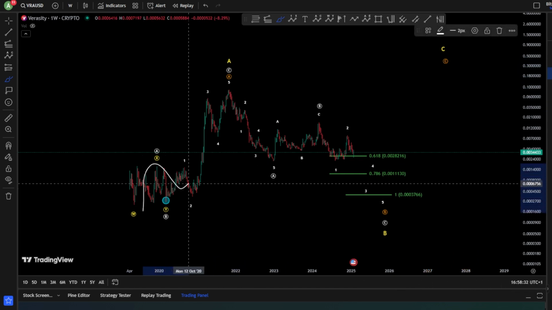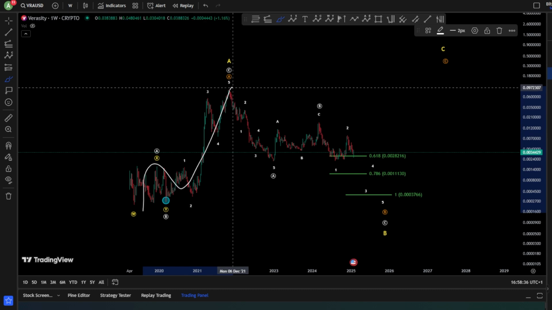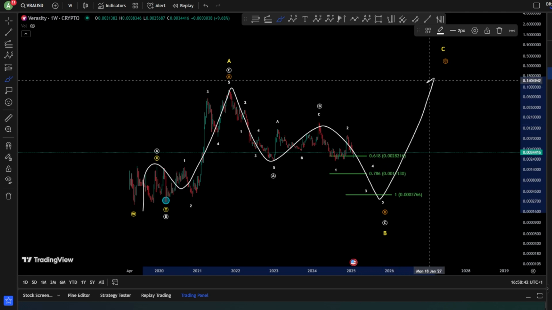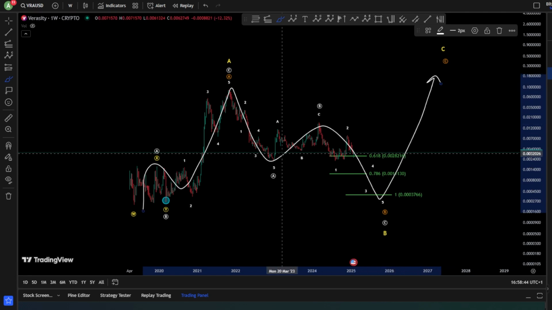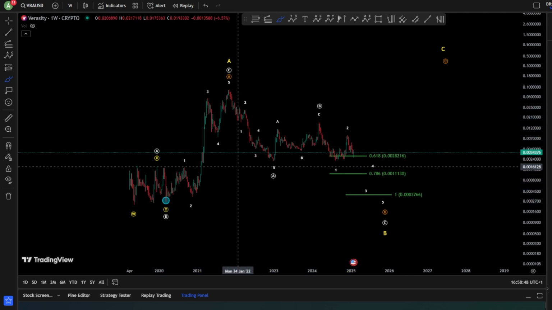So this is 3 waves toward the upside right now. After 3 waves, you have again the same 3 waves down, which are a zigzag, and then bringing us again to the same wave C towards the upside. Very nice combination, by the way, with those scenarios.